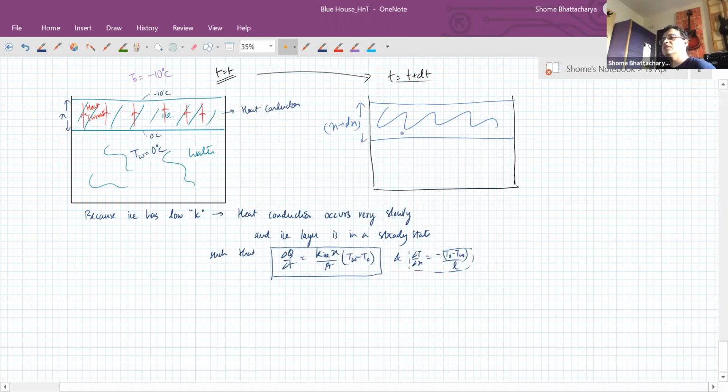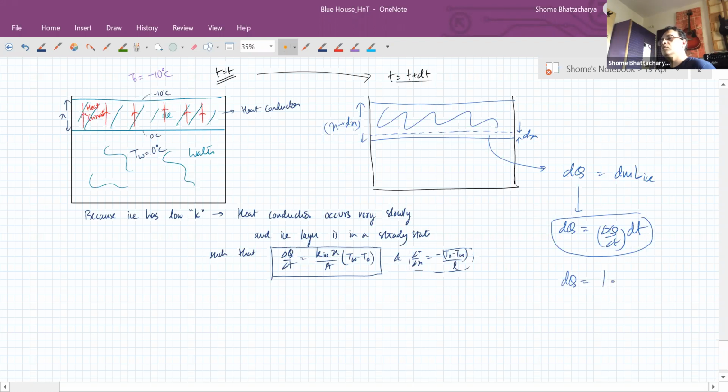So this extra layer of thickness of ice that has been formed, dx, to form this thickness of ice layer, the amount of heat that has been used, that heat is equal to the rate of flow of heat delta q by delta t into dt. Okay, so this dq is equal to K A by x, sorry, K A by l, not K l by l.